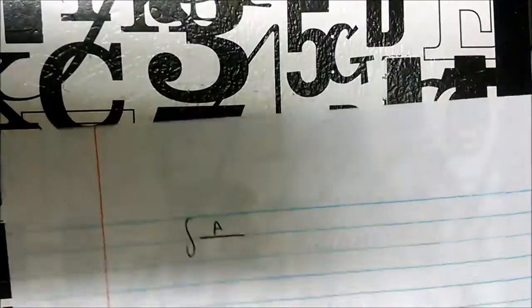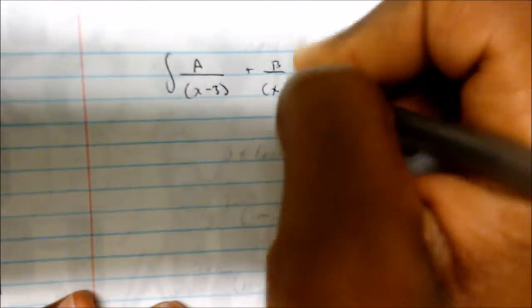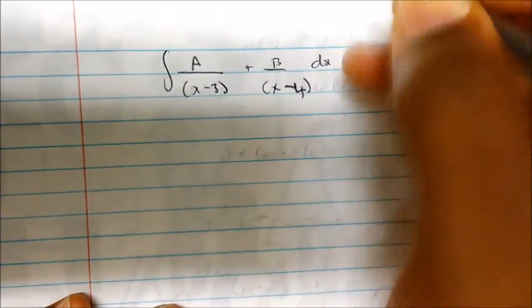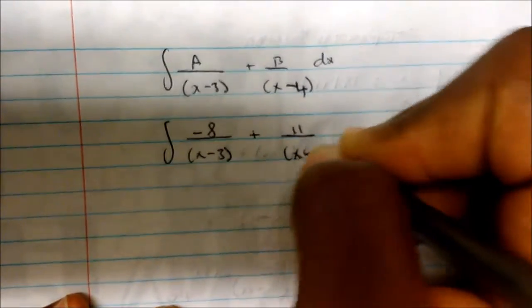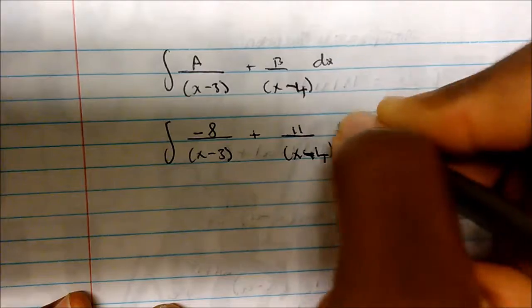I rewrite it as the integral of a over x minus 3 plus b over x minus 4 dx. Now we're just plugging in our values. This becomes the integral of negative 8 over x minus 3 plus 11 over x minus 4 dx.